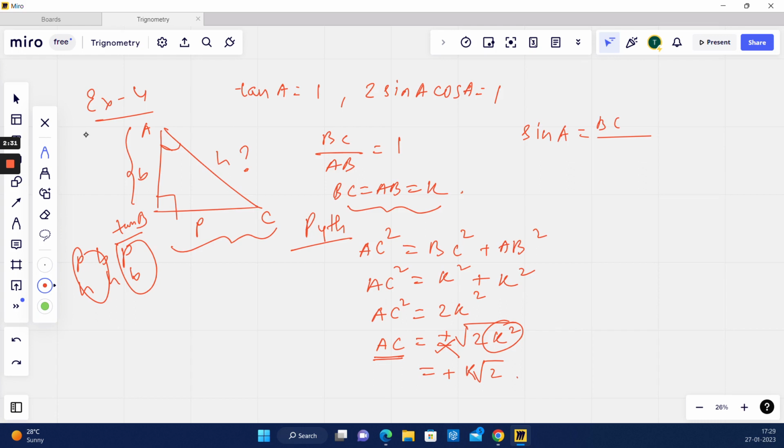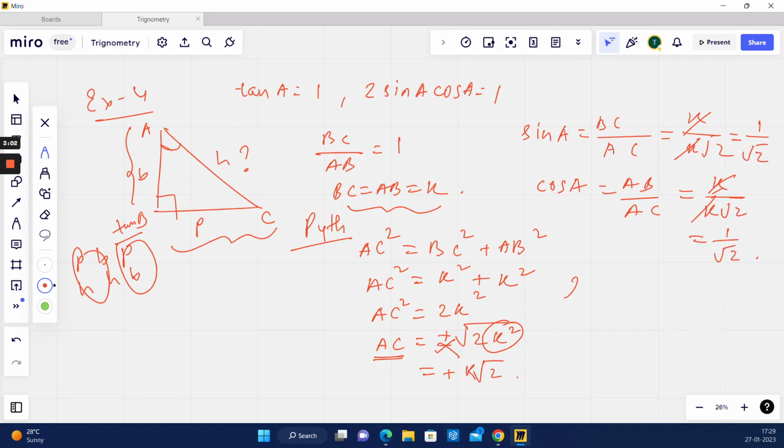BC by AC, right? BC is K. AC is K root 2. Similarly, cos A is B by H. What is B? AB. What is H? AC. What is the value of AB? AB is K. This is K root 2. So this cancelled, this cancelled, right? So we have 1 by root 2 in this case. We have 1 by root 2 in this case.